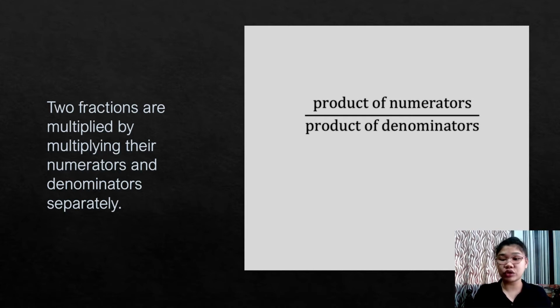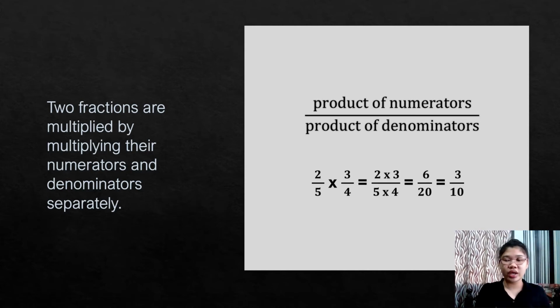So for example, to visualize it further, we have here 2 over 5 times 3/4. The rule is when two fractions are multiplied, you multiply the numerators and then you multiply the denominators. So here we have numerators 2 and 3, so we multiply 2 times 3. And then our denominators are 5 and 4, so we multiply 5 times 4. 2 times 3 is equal to 6, and 5 times 4 is equal to 20.